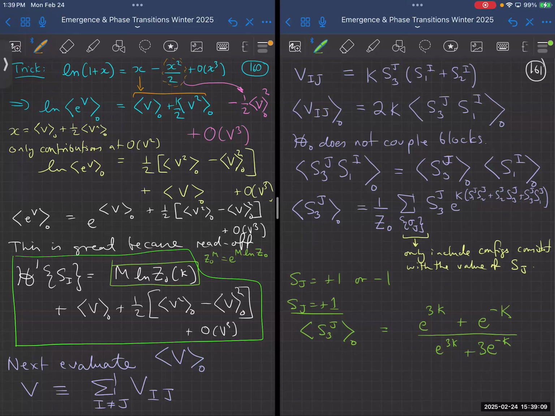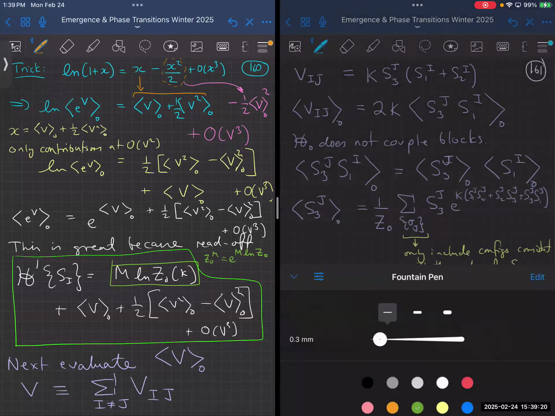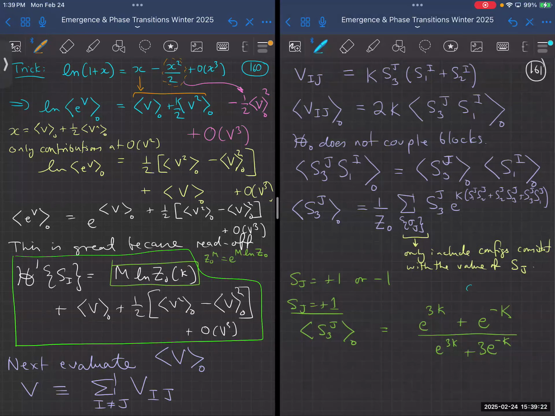All I've done is put the allowed values of Sj into the sum. I'd like you all to check that. It's like two lines of algebra, but make sure you can reproduce it. So that's the result when Sj is +1.